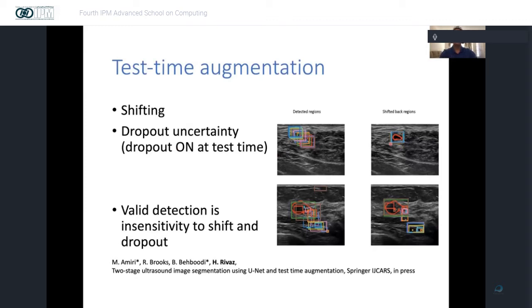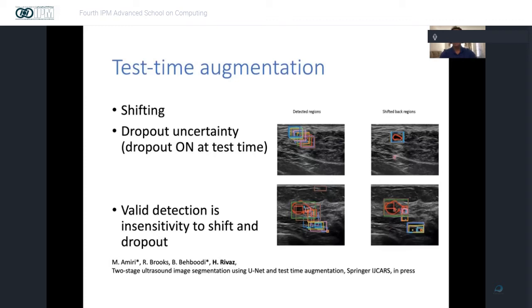So this is sort of like using the test time data to find out the reliability of our segmentations. When we are doing a good job, when we shift back, all of these detections shift back to the same location. But when the network is failing to detect or segment, when we shift back, we come back at different locations.